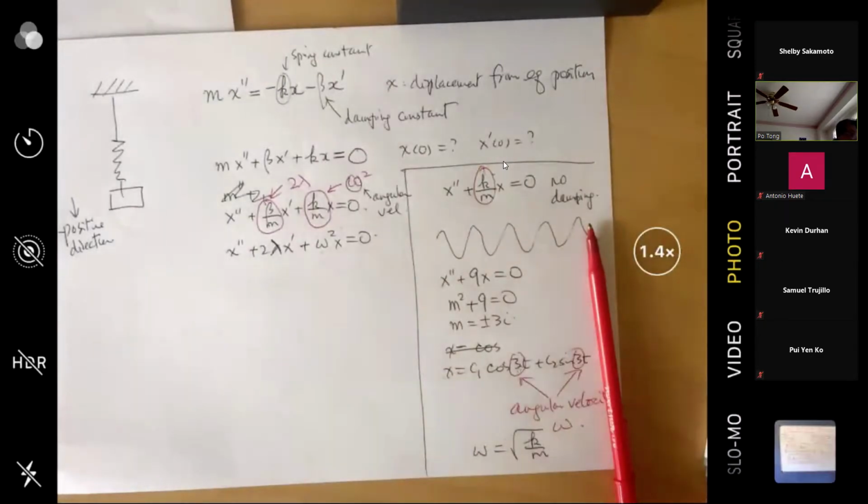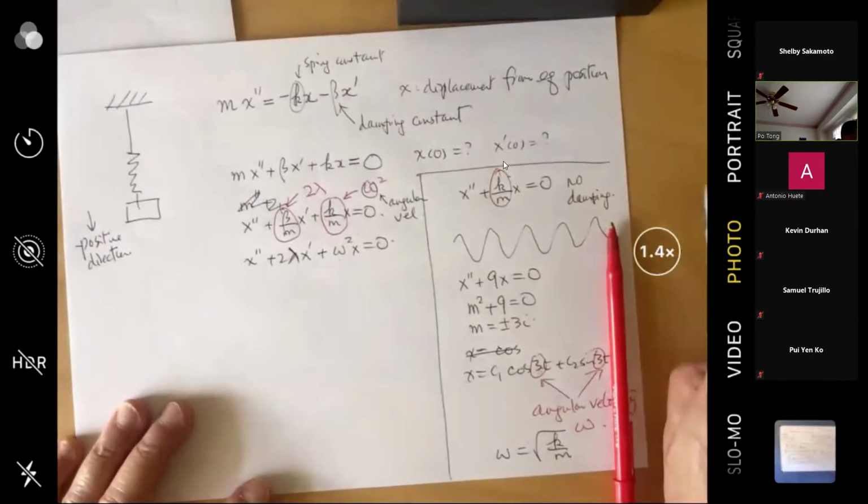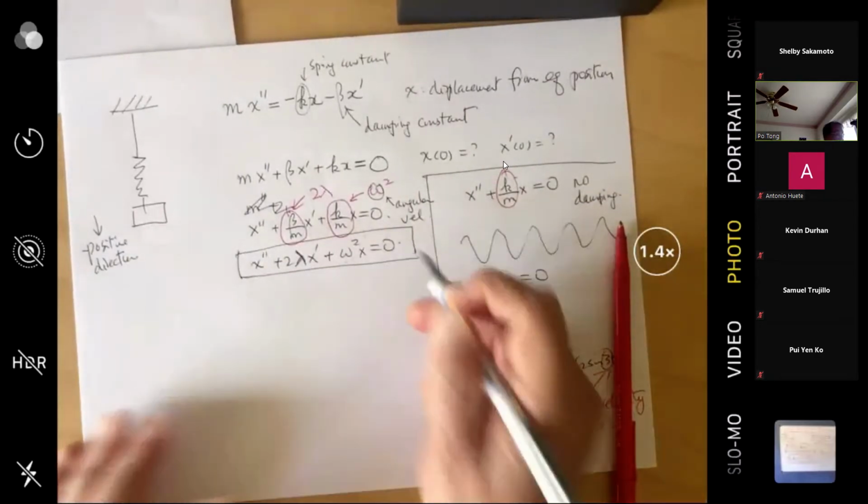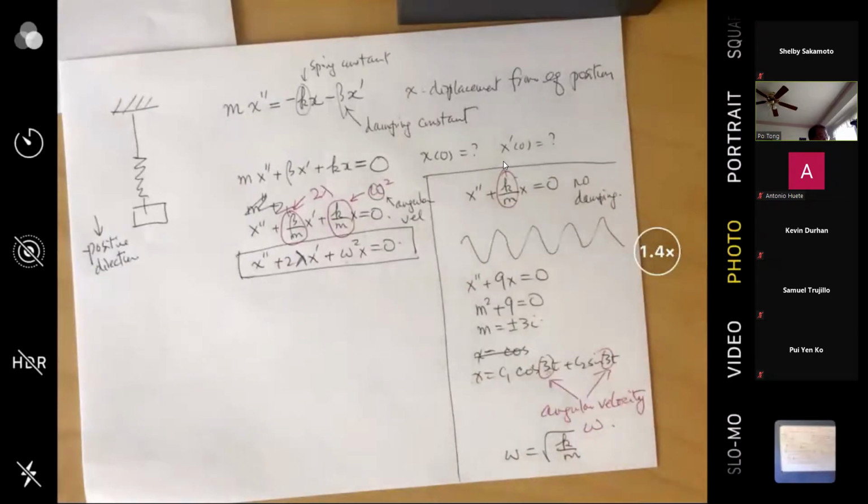So this is the equation now. And then you have many different cases, depending on whether it's over damped, under damped, or critically damped. So we have two choices here. One is for me to start to plug in some numbers and demonstrate to you which case is which.